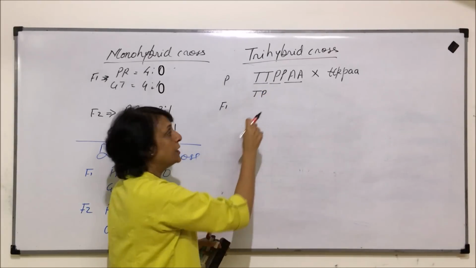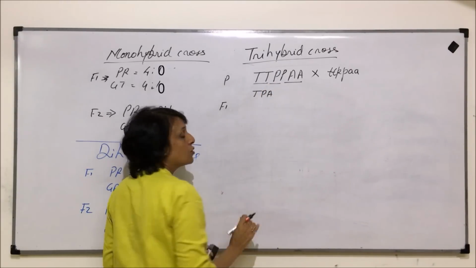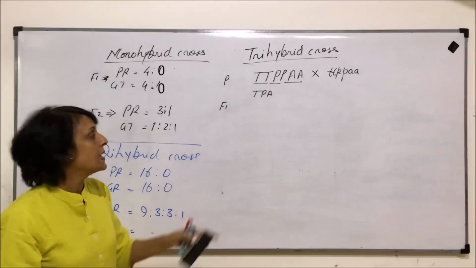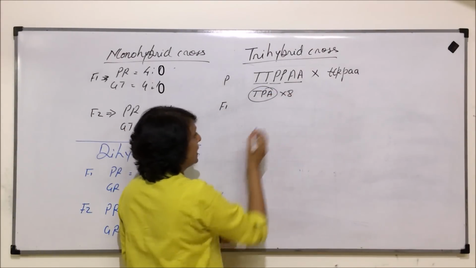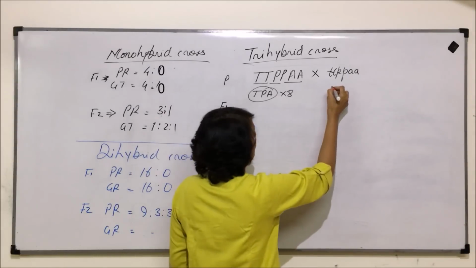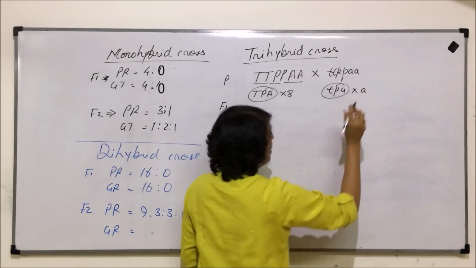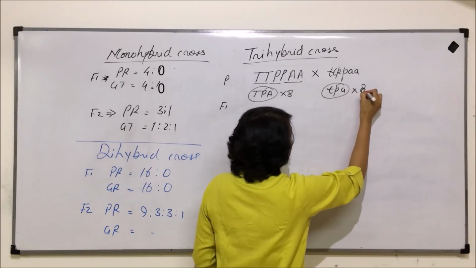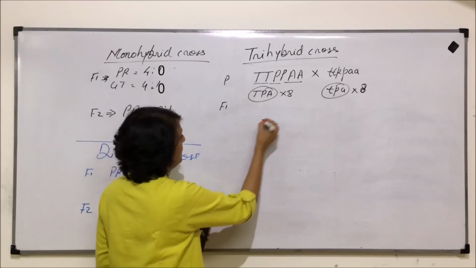One out of these 2 P's, both are dominant, so capital, and A. So all 8 gametes are going to be of same type. Here also recessive, recessive and recessive. And all are going to be same type. So there are 8 gametes of the same type.